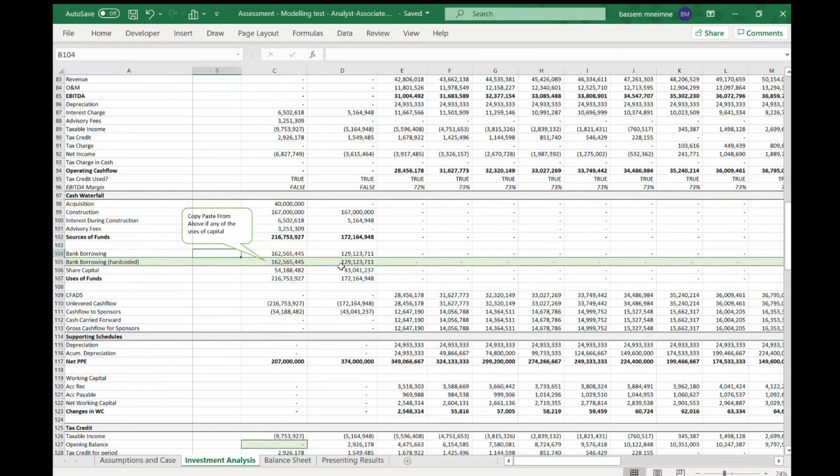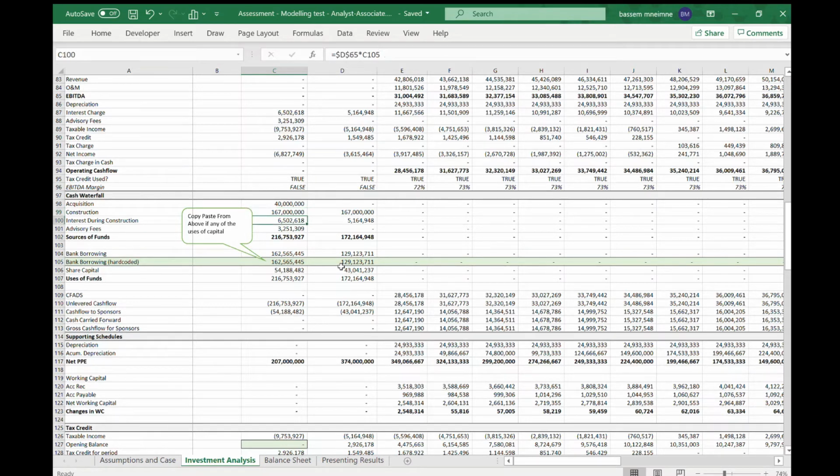And to avoid this circular reference, what you would do is calculate how much your expenditures are on the first year of construction. Because on the first year of construction, just as the given says, I'm purchasing the project for 40 million. I'm paying for construction 167 million.